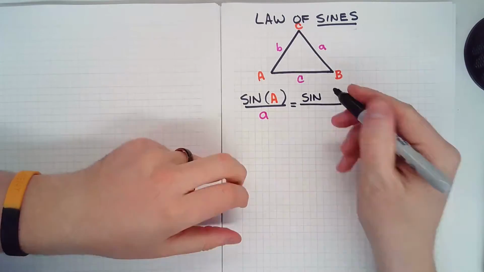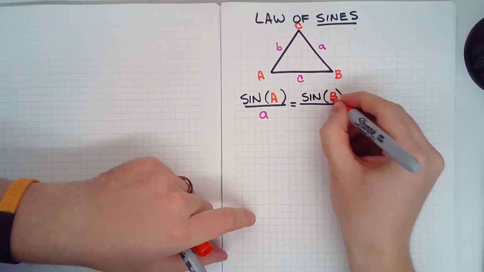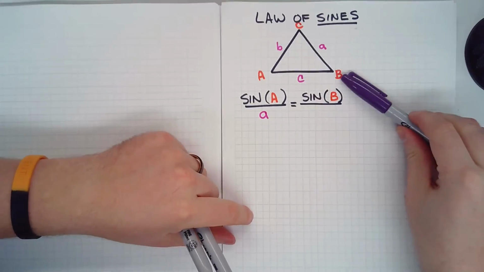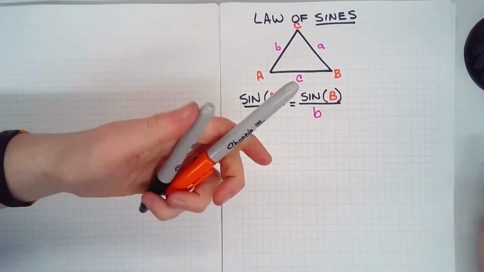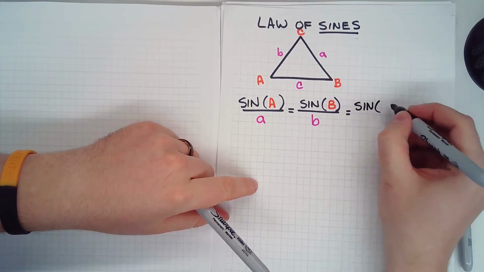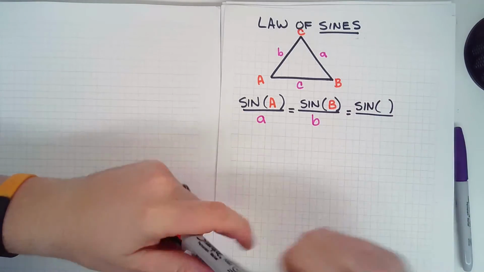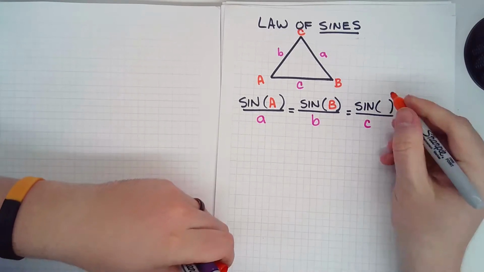So in this case, let's use B, over its opposite side, which again, here's angle B, it opens up into side b. And that'll be proportional to sine of C over c. So again, order doesn't matter, they're all equivalent.